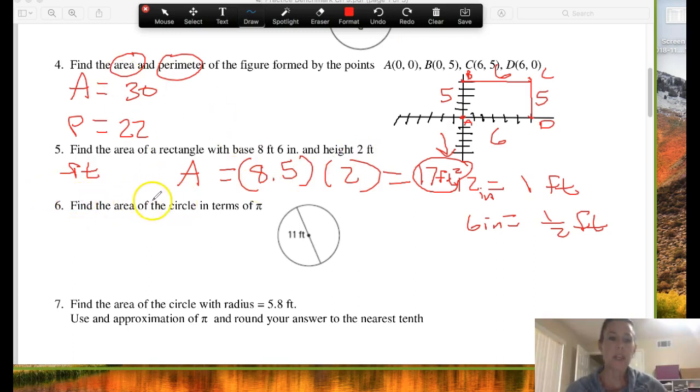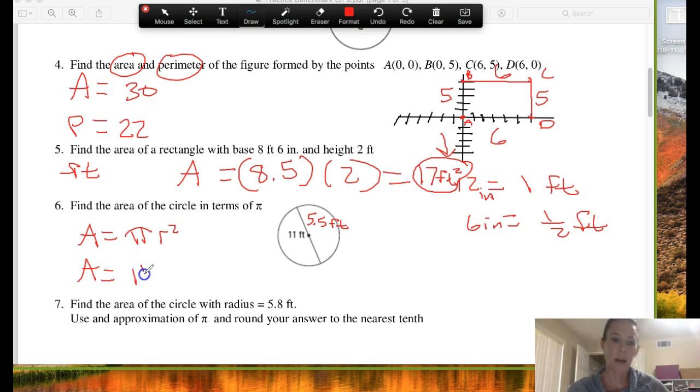Number 6, find the area of the circle in terms of pi. So here's your circle. They give us a diameter. Remember, area for a circle is pi times the radius squared. Since they gave us a diameter, we need to take half of it to find the radius. So half of 11 is 5.5, and that is feet. I plug it into my formula.